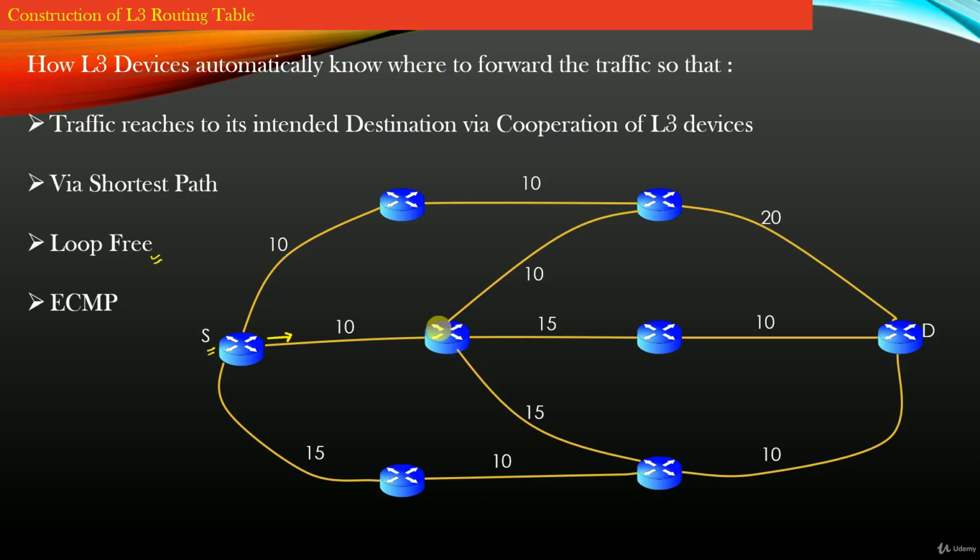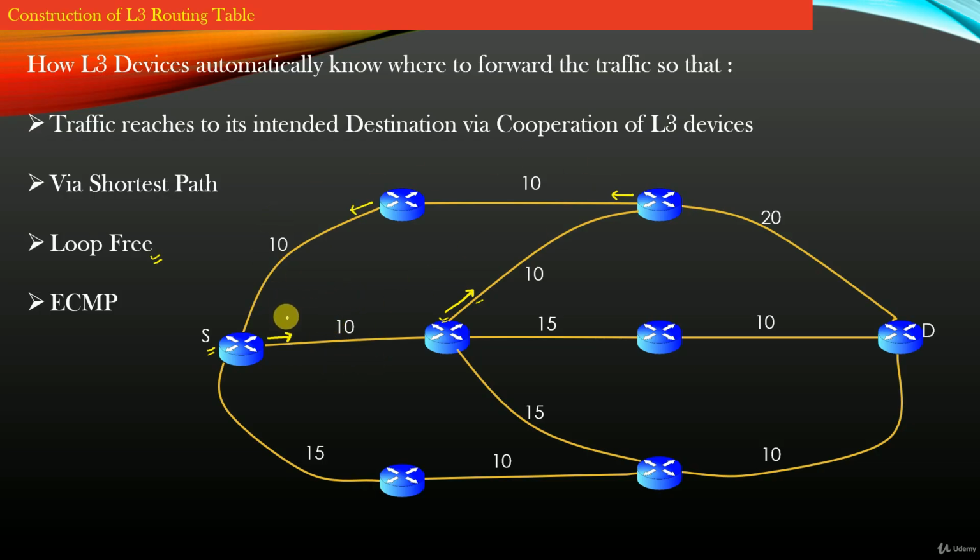And let us assume that this particular router has an entry which says that in order to send the traffic to the destination router D, it should send the traffic out of this particular interface, right? Similarly, this router has an entry which says that to reach the destination router D, send the traffic out of this interface. And similarly, you have a similar entry in this particular router, right? So you can see that this creates a loop in the network topology.